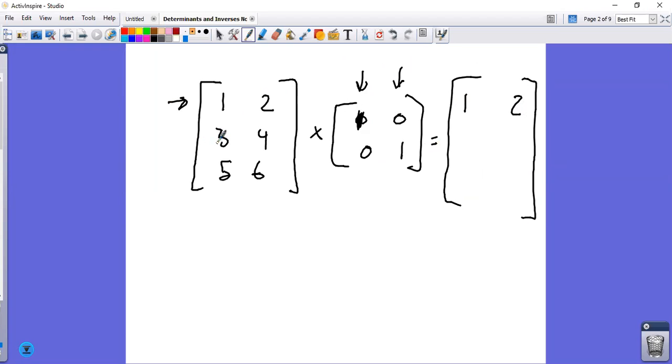And then again, next row with the first column would be 3. 3, 0, 4, 1 is 4. So yeah, 5 and 6. So if I want an identity, it doesn't matter if I have a 3 by 2, the identity has to be a square. It's always square, and it has to match that one. So that's a 2 by 2 identity.